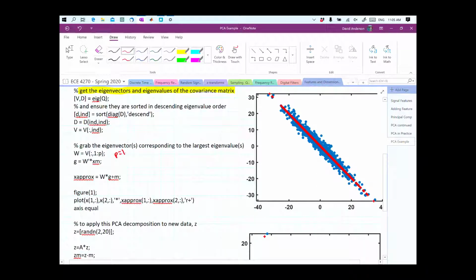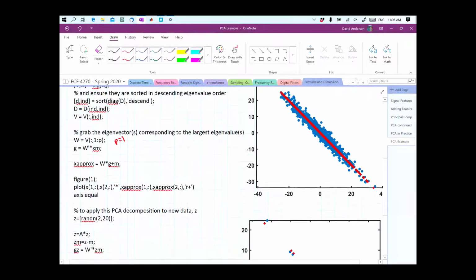If P is equal to 2, since we started with two-dimensional data, we should have a perfect approximation of the data. But if P is equal to 1, and we're only using one eigenvector to approximate the data, it turns out we use the one, as discussed before, in the direction of the largest variance in the data. So here it is right here.